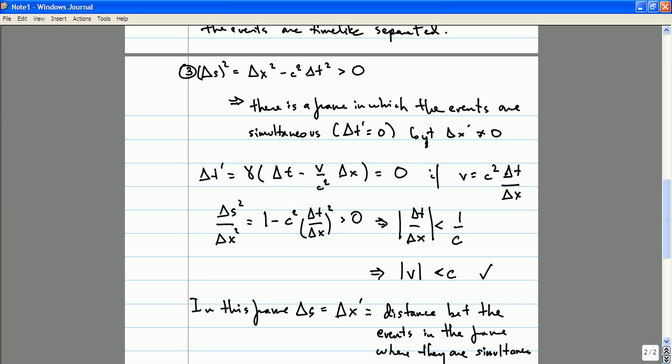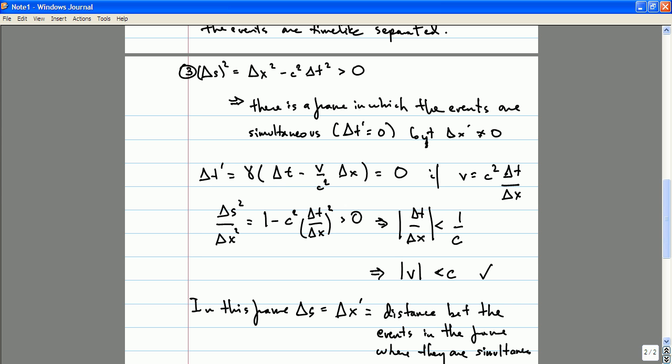I haven't actually explained to you why that is. That will come in when we discuss energy and stuff like that. But implicit in a lot of what I've discussed is that we're discussing speeds less than the speed of light. For example, the gamma factor, 1 over the square root of 1 minus v squared over c squared, only makes sense if v is less than c. Otherwise, it's imaginary, and stuff gets weird. And we'll explain exactly how it gets weird later in this class.